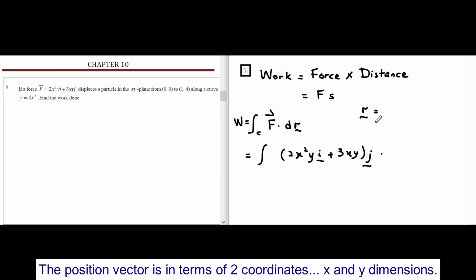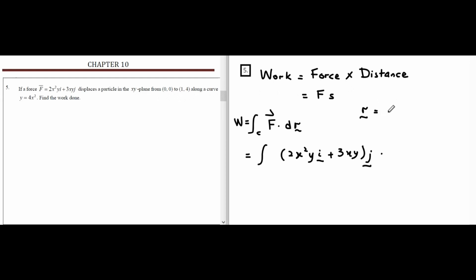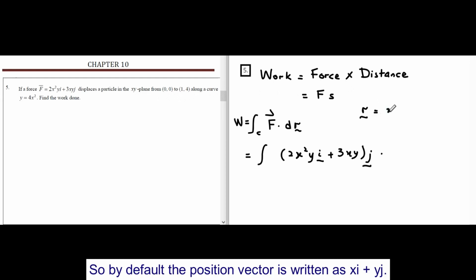The position vector is in terms of two coordinates, x and y dimension, so by default it is written as xi plus yj.